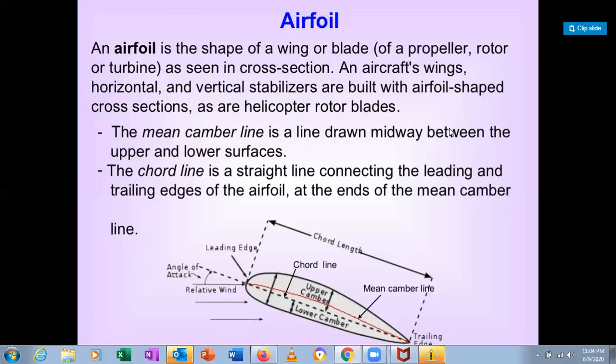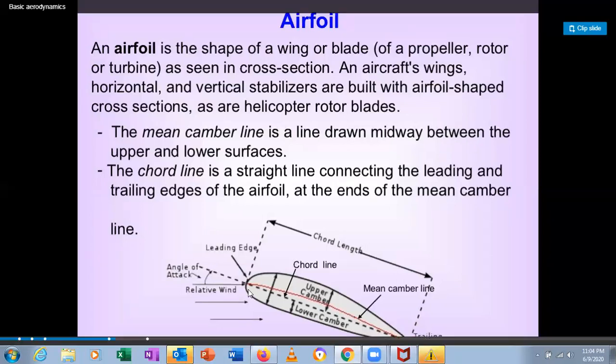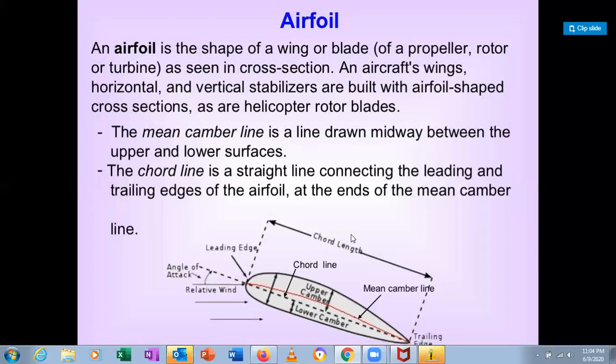That is the difference between cambered and symmetric airfoils. At a 0 degree angle of attack, we will not experience lift in the symmetric airfoil, whereas in the cambered airfoil we see lift even at a negative angle.